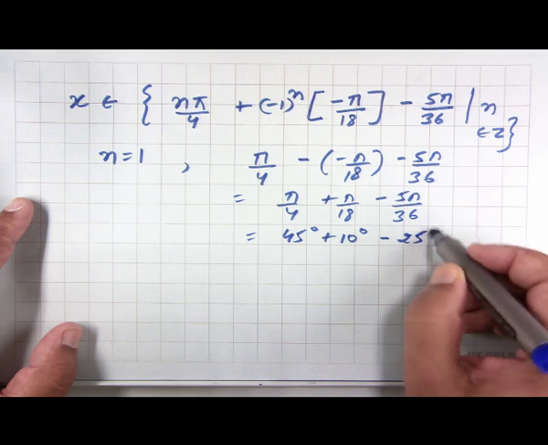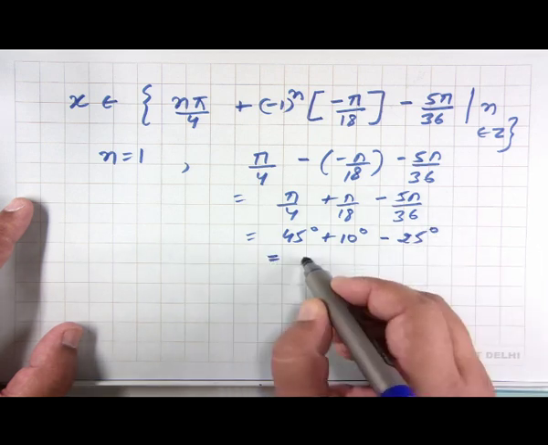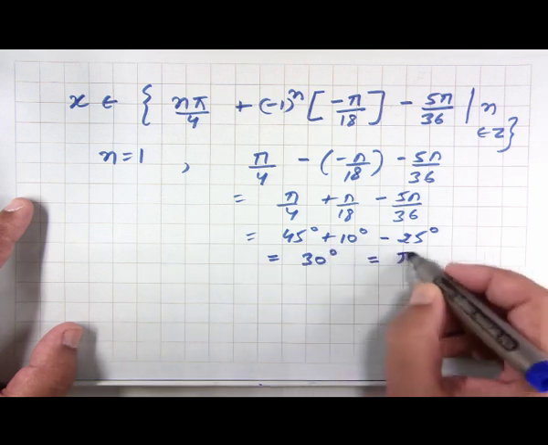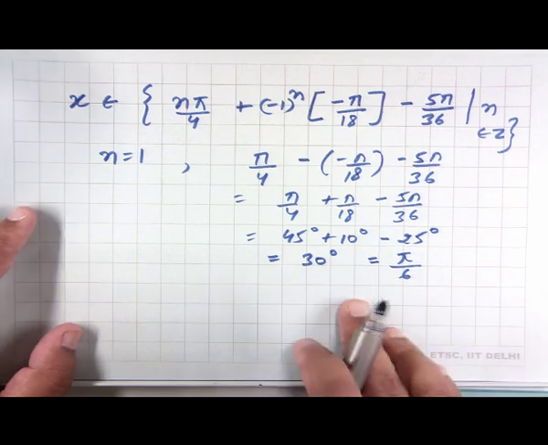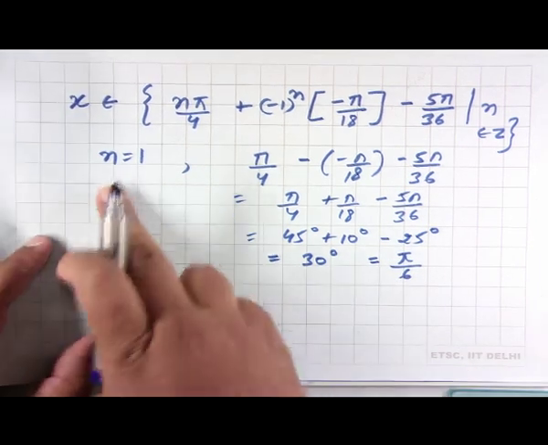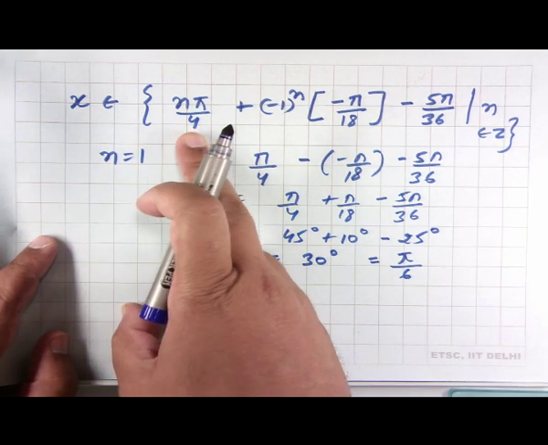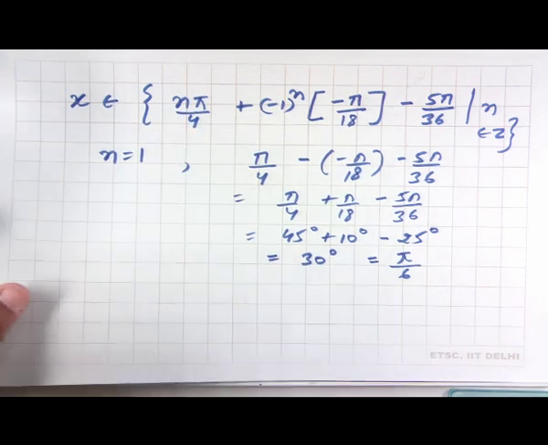So this is equal to 30 degrees or pi by 6. So this is with n equal to 1, and then you put different values of n, you get all the solutions to this equation.